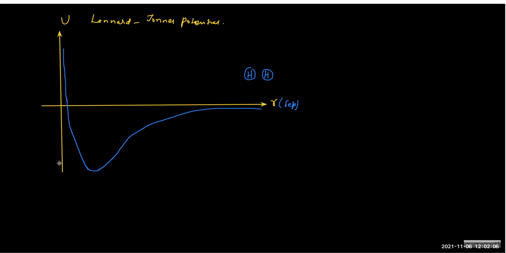So now what you can realize is that there is one particular point at which the potential has become minimum. So this must be the stable position of equilibrium, because we have tangent zero. In this position, we call it r equals r naught, and the potential is, let's call it, u naught. This is the minimum potential, the minimum energy configuration.